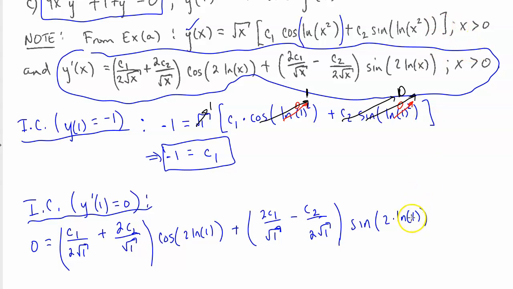Here we know that natural log of 1 is 0, so all this is 0, which means sine of 0 is 0.